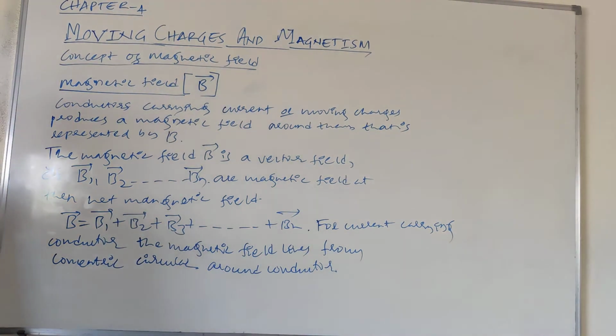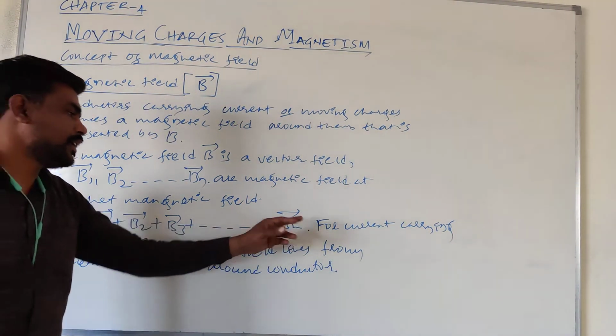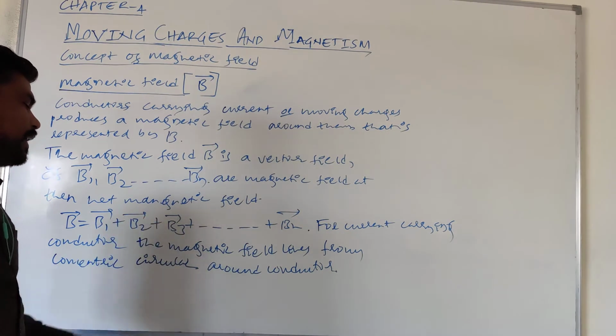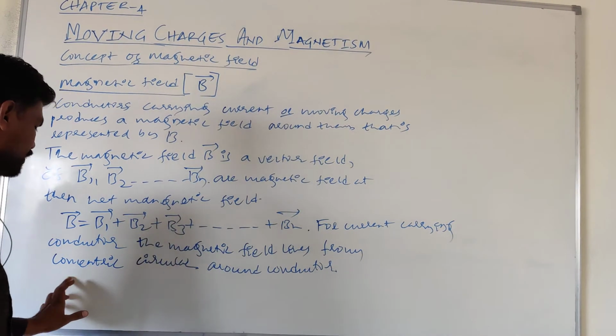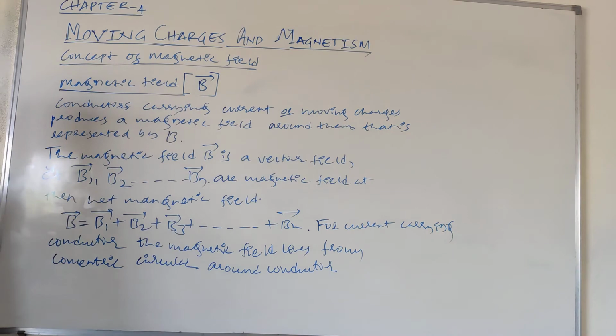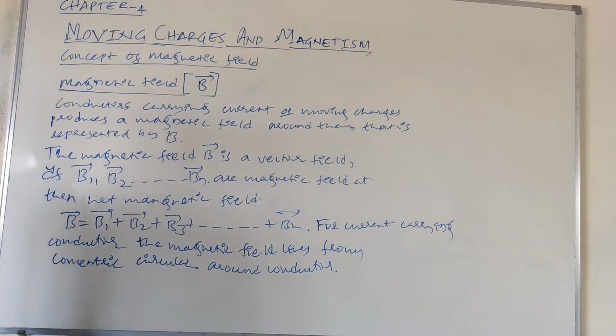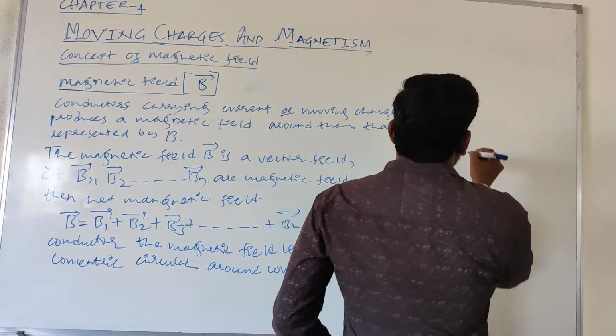Right, so we always show that for a current carrying conductor, the magnetic field lines form concentric circles around the current, around the conductor. For example, now see.